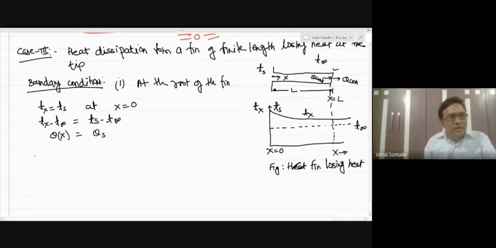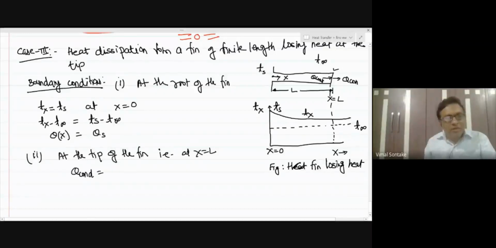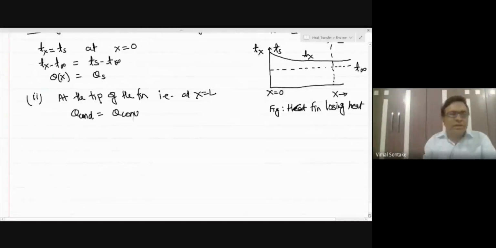Now boundary condition 2, what is happening at the tip of the fin, that is at x equal to L? Rate of heat transfer by conduction is equal to rate of heat transfer by convection. Since we are assuming steady state heat transfer, let us write down the equation for rate of heat transfer: minus k.